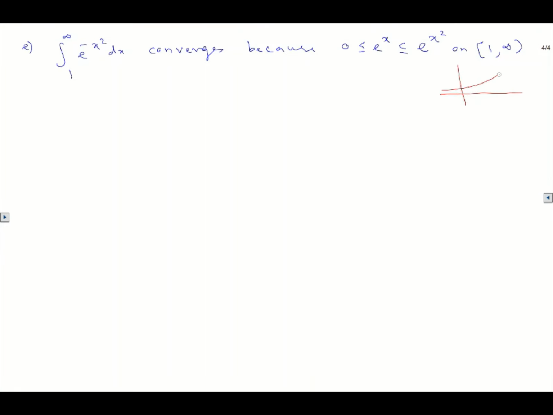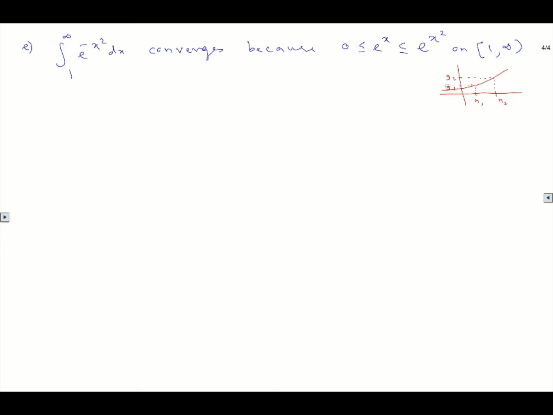That means larger values have larger images. So if we have x1 and x2, the image of x2 should be larger compared to the image of x1, so y2 is larger than y1. That's the idea: an increasing function has a larger value for a larger x. So this is true.